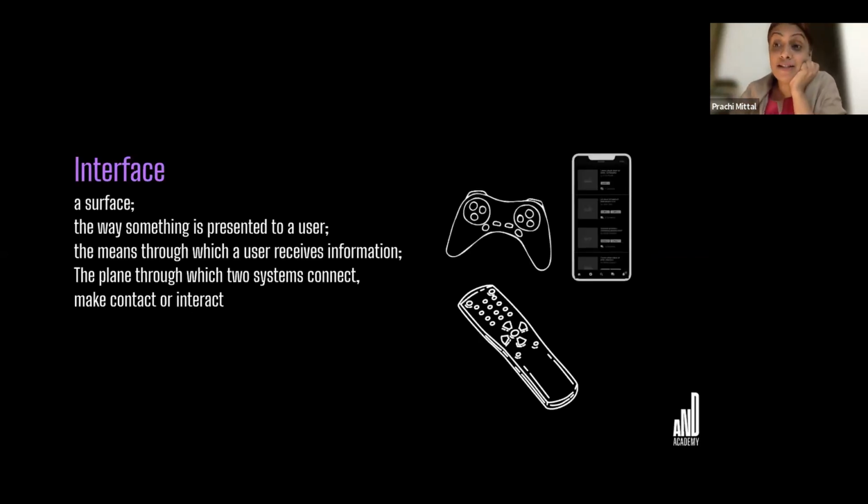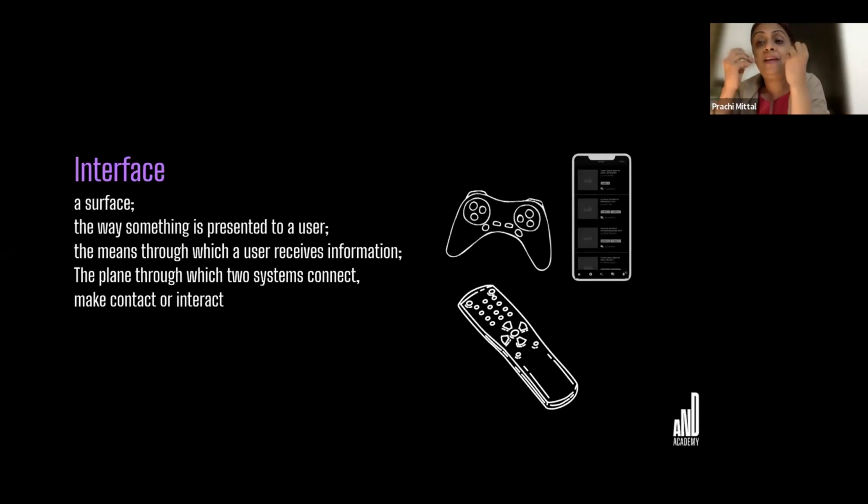And then what is the interface? Again, going back to the dictionary meaning, the interface simply is a surface. It is the plane through which two systems interact. So right now, you and I are interacting through this interface of Zoom, right? I'm one system. I'm here.